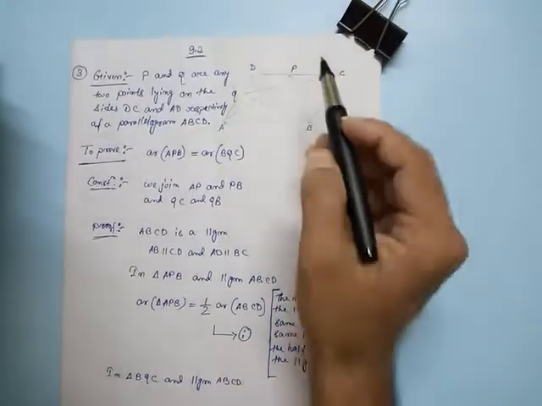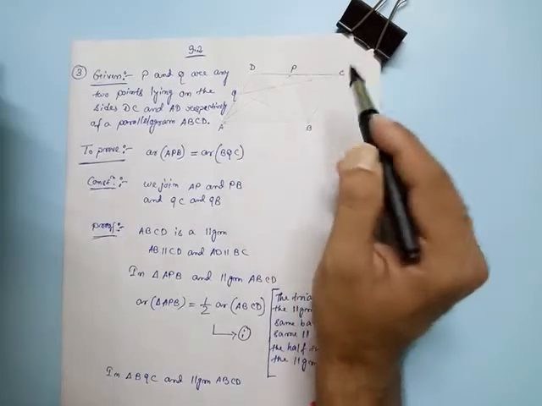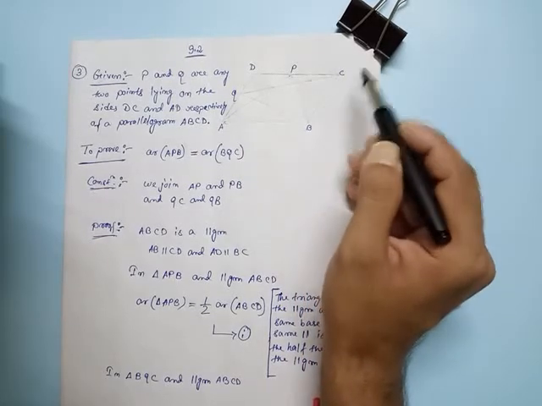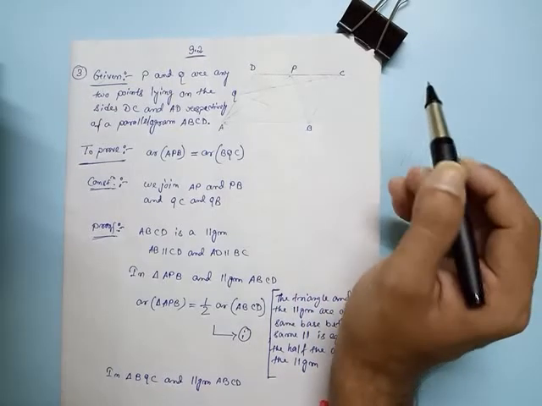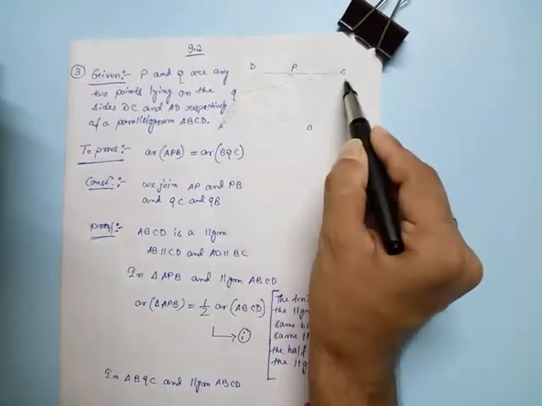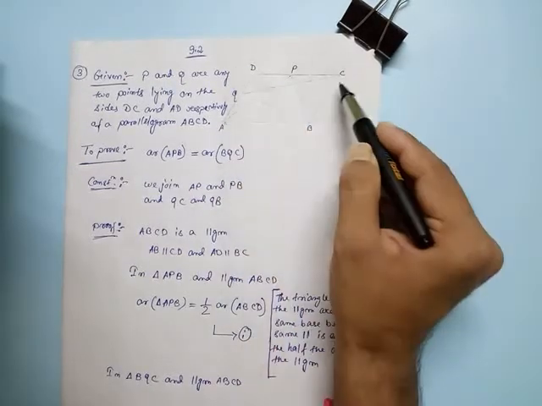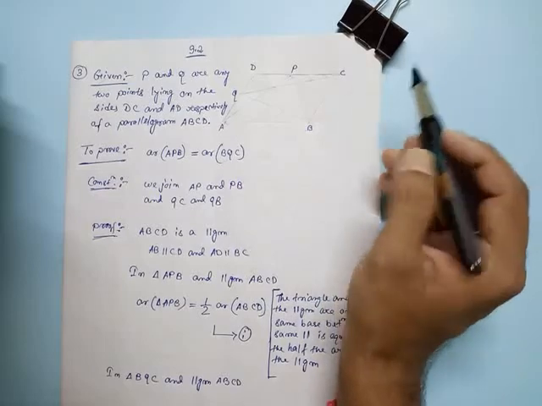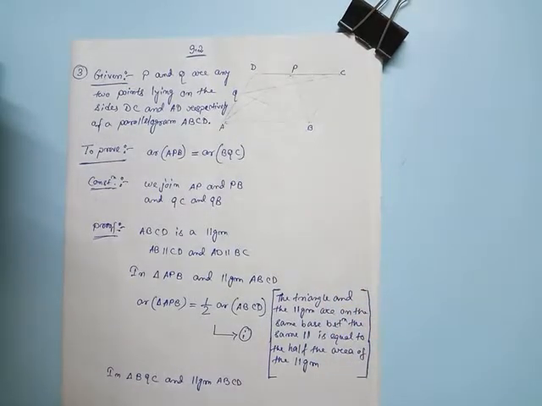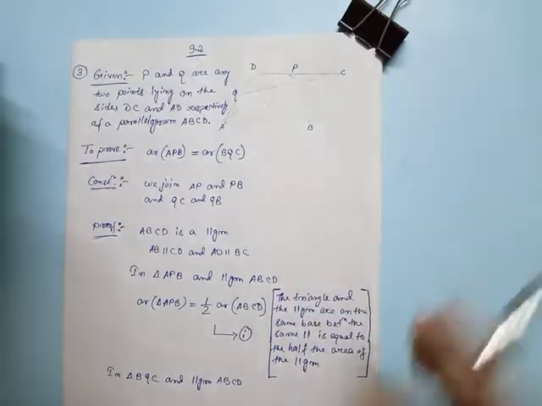Look here, in triangle BQC and parallelogram ABCD, BC is the common base and between the same parallels, meaning AD and BC. I repeat again, triangle BQC and the same parallelogram ABCD, BC is the common base and between the same parallels, meaning AD and BC. Here also the area of triangle BQC equals half the area of parallelogram ABCD.